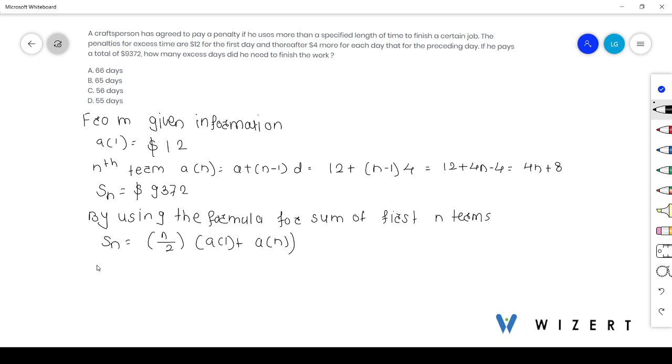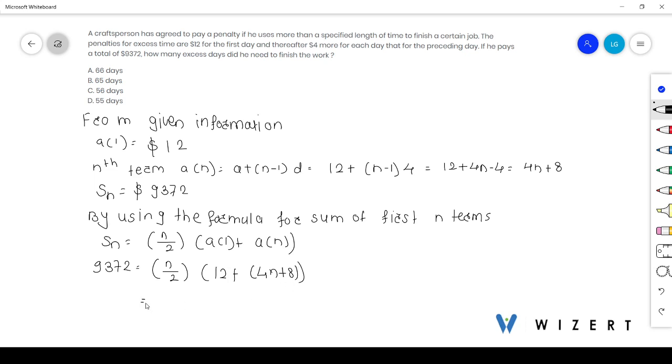So substituting values here, Sn is $9,372 equals n by 2 into (a1 is $12 plus an, which we found as 4n plus 8).